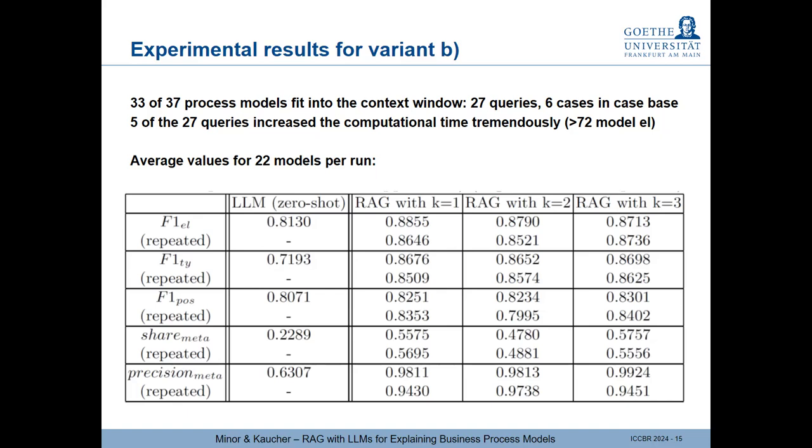However, 5 of them could not be processed correctly, or the computational time increased so tremendously that we stopped the experiment on those. They all had more than 72 model elements, which simply made too many tokens to be processed in a reasonable time.